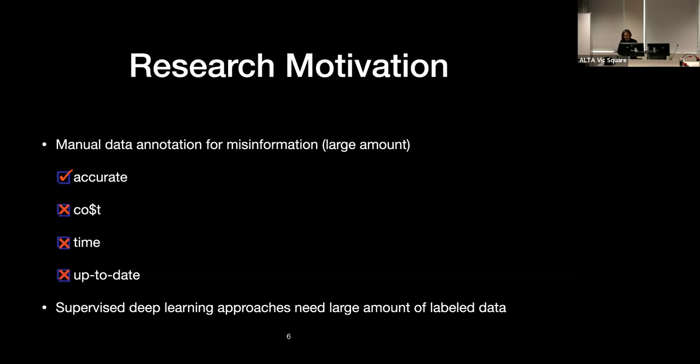But given the large amount of data on social media platforms, manual annotation is going to be pretty costly, take a lot of time, and be hard to keep up to date. And if you use a deep learning approach, you need a large amount of data to train the model.